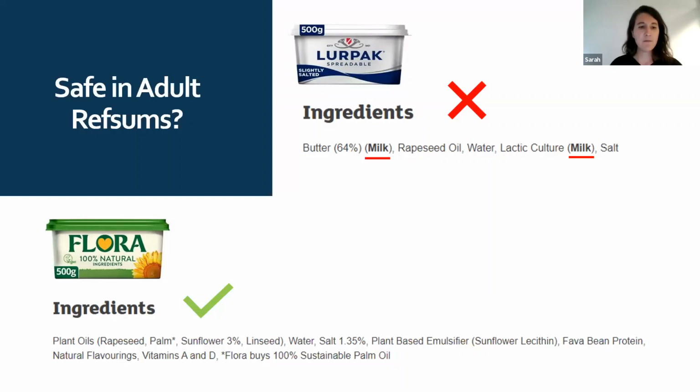The product at the bottom, and sometimes these lists can be quite lengthy, contains plant-based oils that we know are safe, so they don't have peanut oil in it, water, salt, some emulsifier, some fava bean proteins, natural flavorings, vitamin A and D. All of those would get the tick and would be safe to have, and that would be a spread that could be used daily.